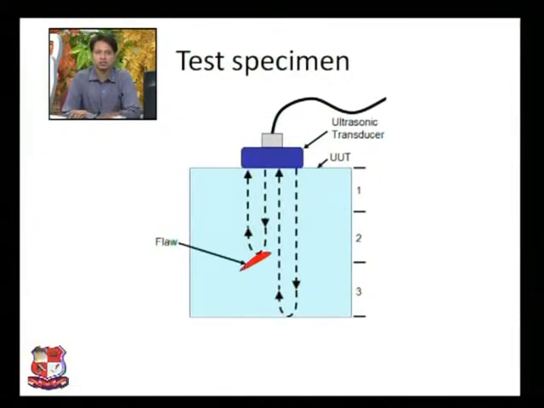The blue portion is the transducer and the light blue section is the specimen being inspected with ultrasonic waves. Through the cable, when alternating voltages are applied, it converts that signal into ultrasonic waves, which you can see as dotted lines traveling to the bottom, reflecting back and being received by the transducer.